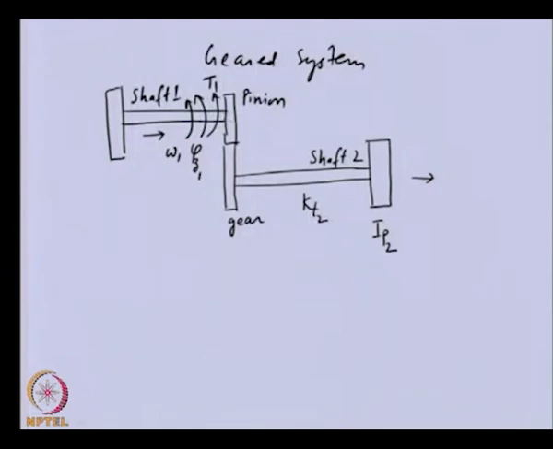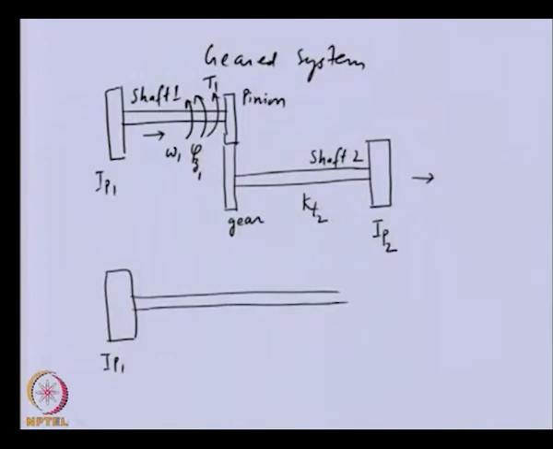Now, to analyze this for torsional vibration, we can convert this shaft system to a single shaft system. Let us say we have the moment of inertia of the first flywheel and another flywheel here, and they are connected by a uniform single shaft.